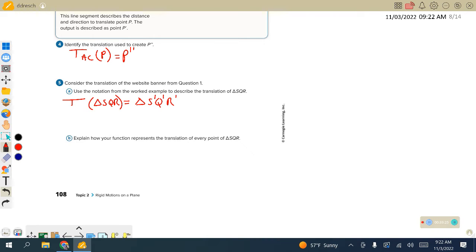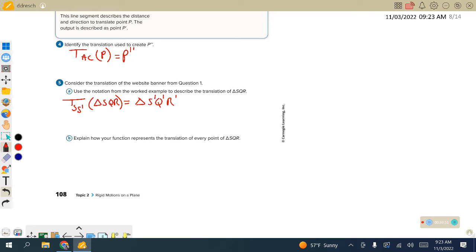Because they just slid it to the right, we're just going to say S prime was kind of our key or our guide there. So we did a translation of triangle SQR, whatever S prime was. And by locking that in, Q did that same one, and then R did that same one as well.